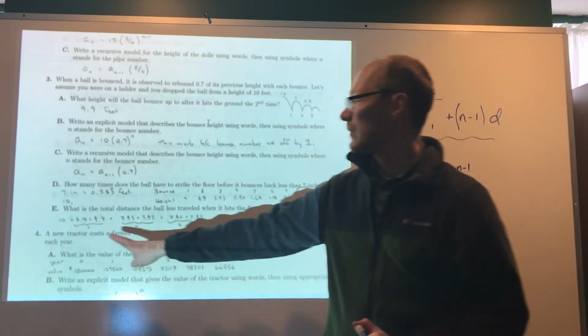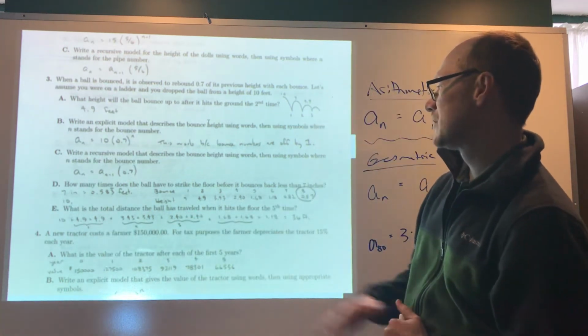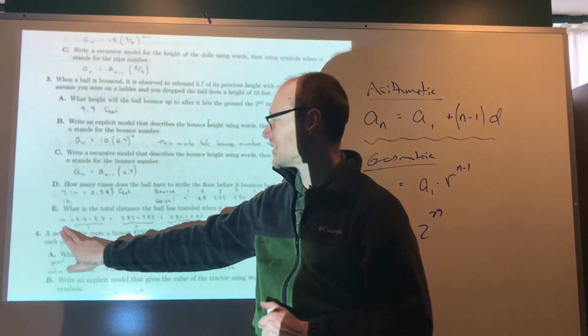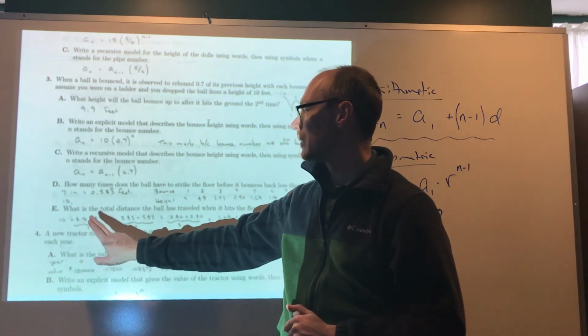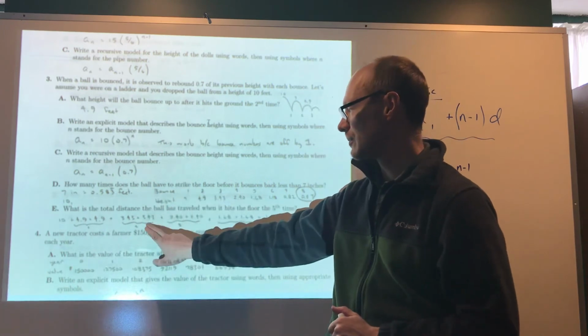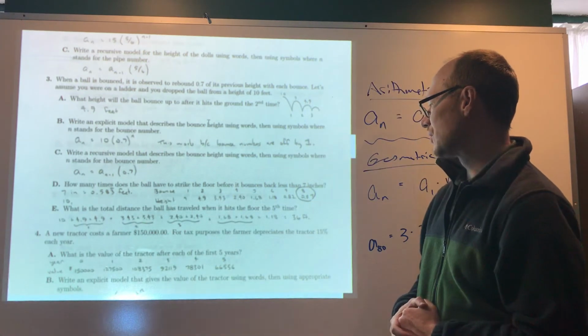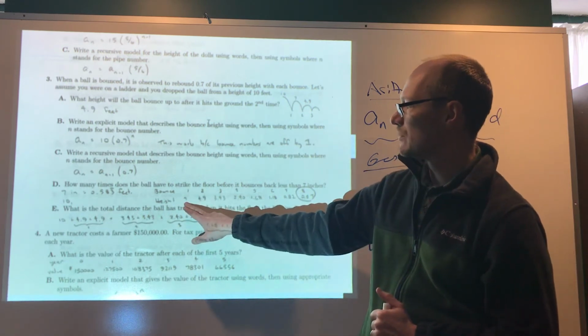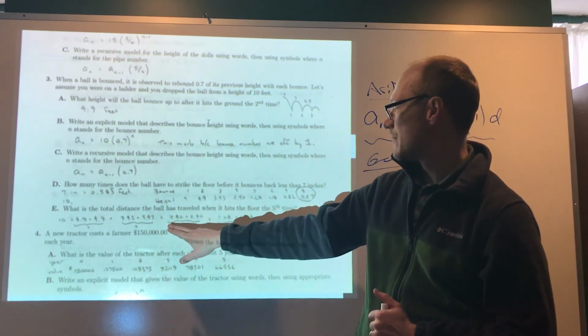And we see that we've got this, oh rats, I missed that bounce of 7 and 7. So there's a 10 and then a 7 plus 7 plus 4.9 plus 4.9 plus 3.43 plus 3.43, etc., all the way down, and we end up with our number. So wow, I missed that bounce number 1 of 7. My apologies for that.